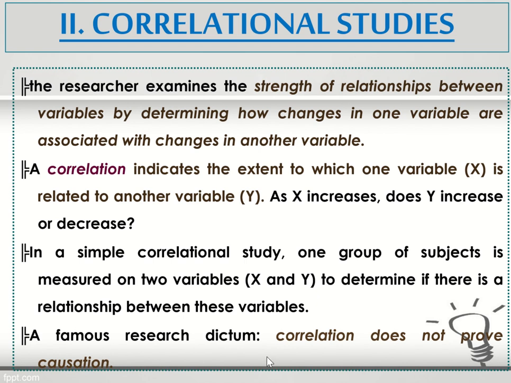A famous research dictum: correlation does not prove causation. Tandaan, pag correlational studies, correlation does not prove causation. The mere existence of a relationship between variables is not enough to conclude that one variable caused the other, even if the relationship is strong.